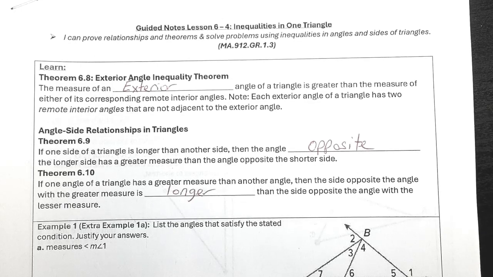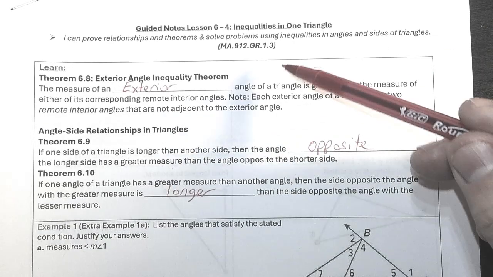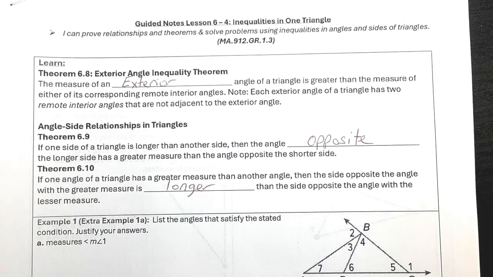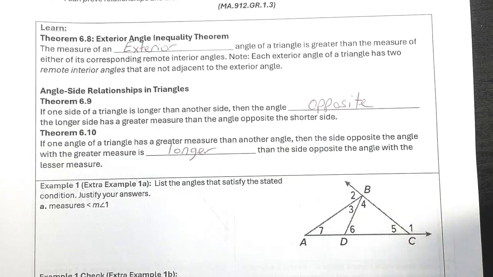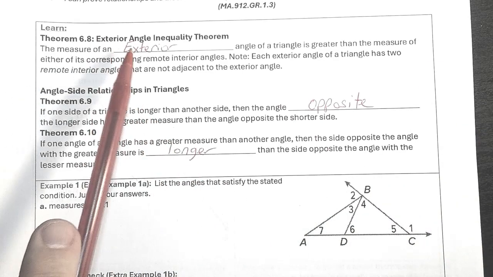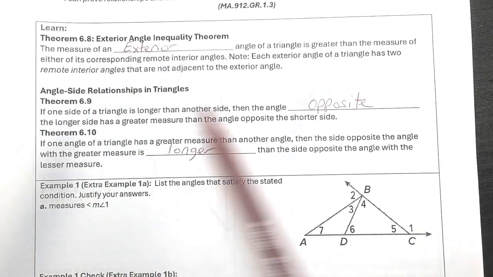All right. So, lesson 6-4, inequalities in one triangle. Got our benchmark GR 1.3 below there. So let's scooch up here. Theorem 6.8 is the exterior angle inequality theorem.